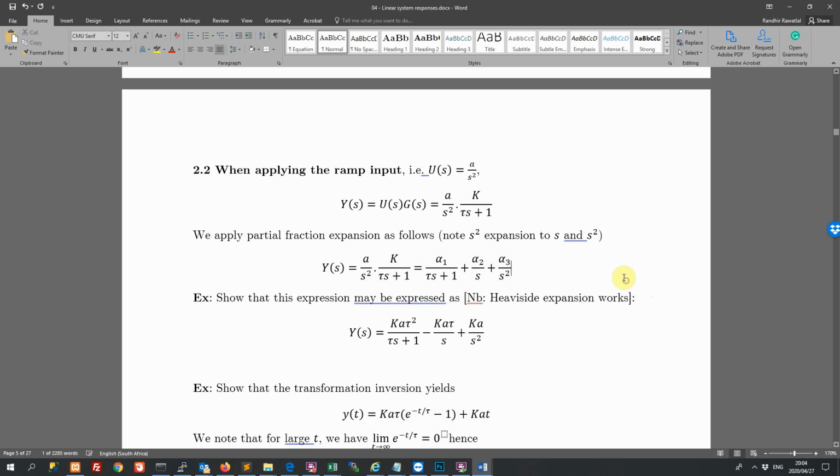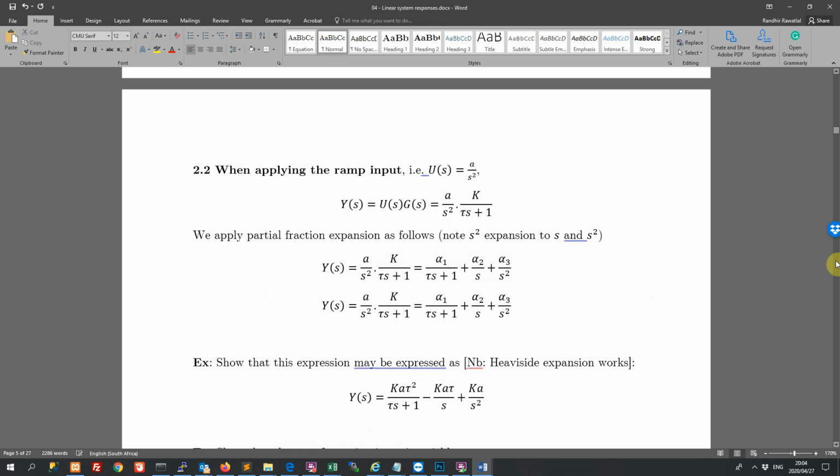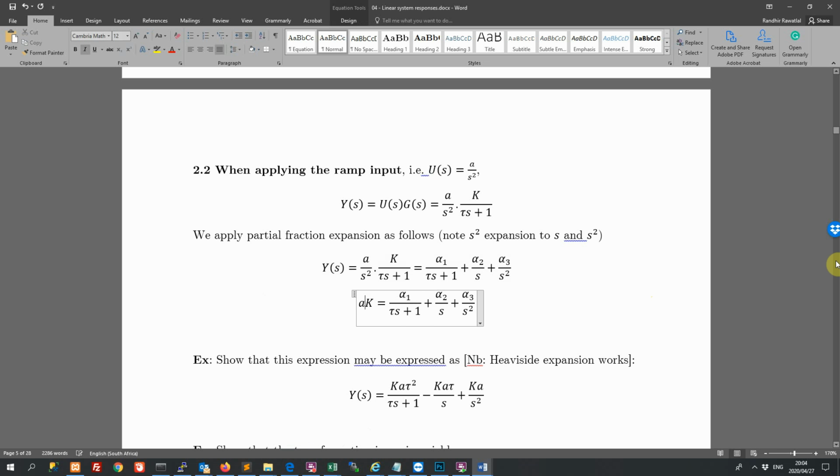Okay, let's just do it here quickly. So I'm just going to copy this. And if we multiply this by s squared times tau s plus 1, then of course on the left-hand side we'll have just a times k. And then here we will multiply out the tau s plus 1, leaving us with alpha 1 s squared. And then here this is going to have an extra tau s plus 1 times s.